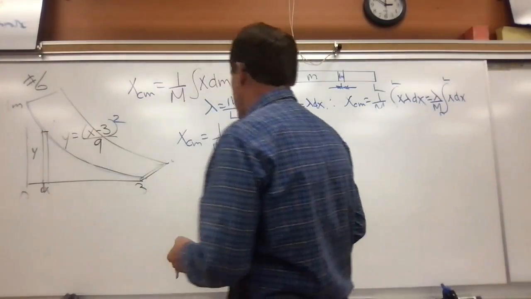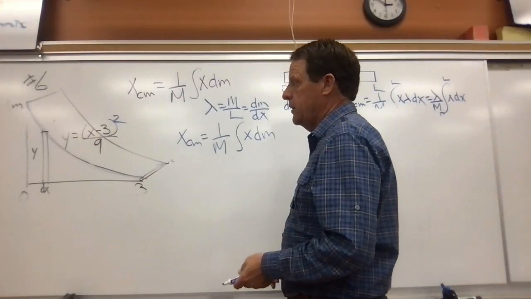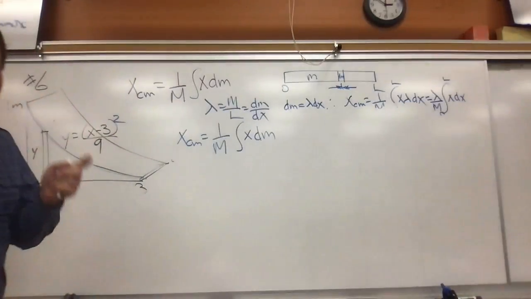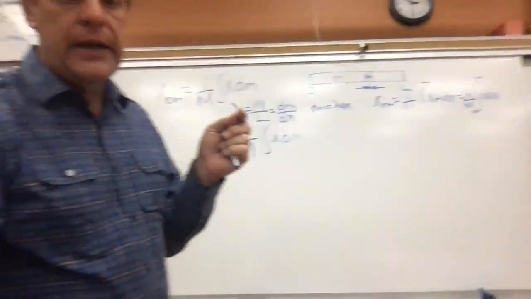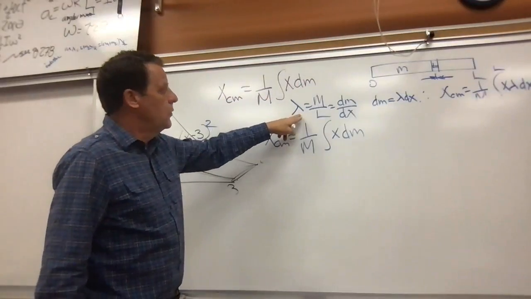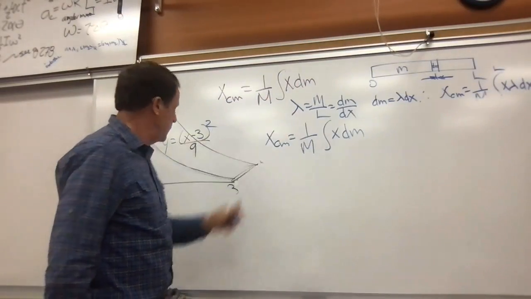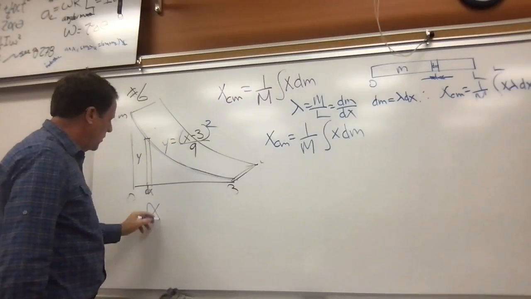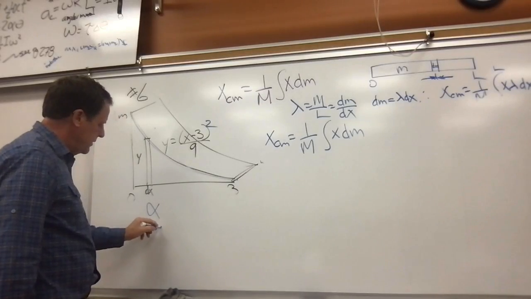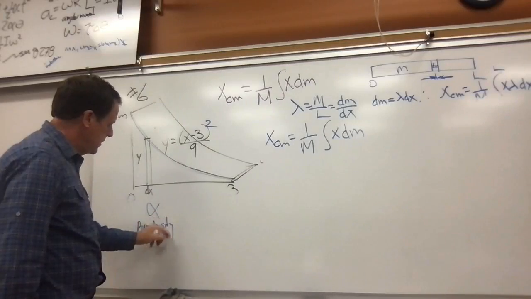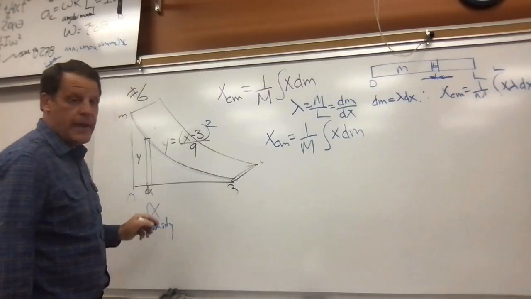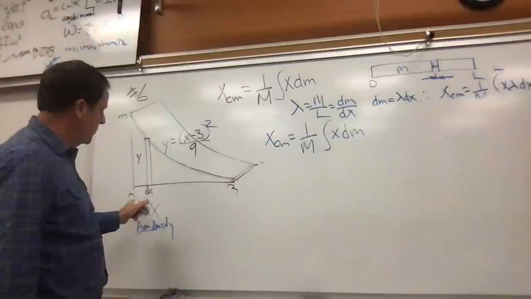Now, what we have here is that we want an area density, just like here we had a linear density. I'm just going to call this area density alpha. Again, there's no magic as far as what that symbol is.